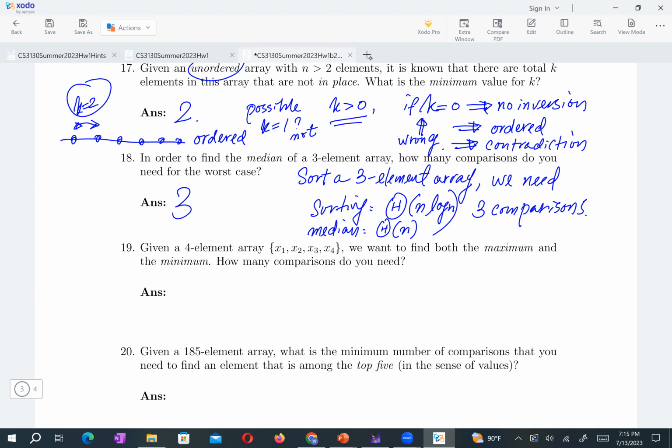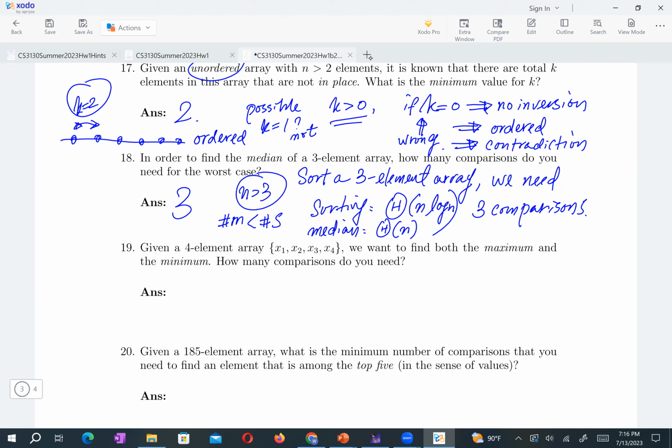But here, when n is greater than 3, then the number of comparisons to find the median will be strictly less than the number of comparisons to sort. It won't be equal.